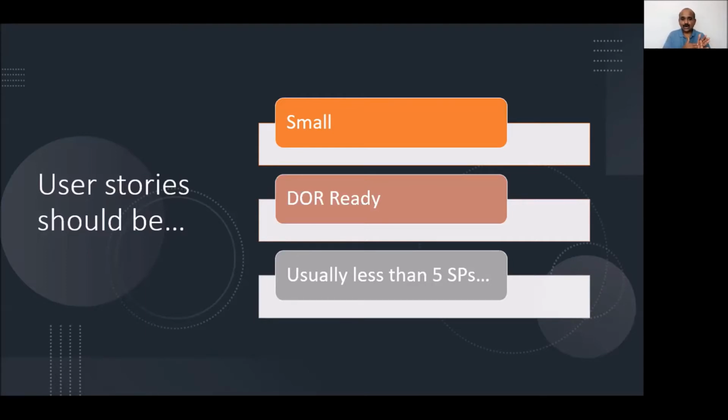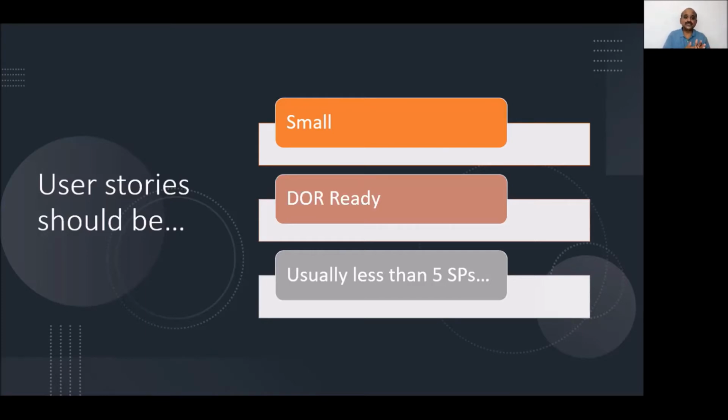In the absence of a team respecting the definition of ready, that means that for this particular sprint, this user story is not definition of ready. There are certain ambiguities, certain dependencies, or certain upstream dependencies that should be resolved but have not yet been resolved.